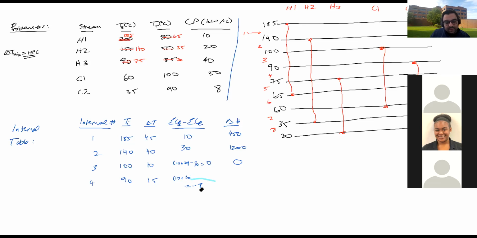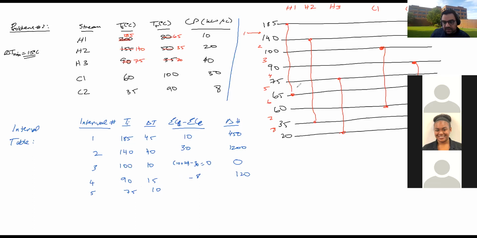So let me clean this up because I think I'm running out of space. So this will be minus 8, and this guy right here is 120. Let's have a look at interval 5. The initial temperature of interval 5 is 75. Delta T is 10, right? 75 and 10.